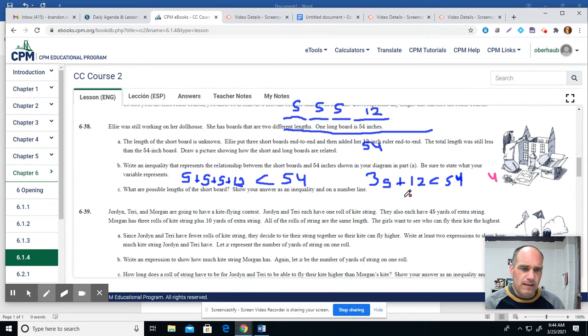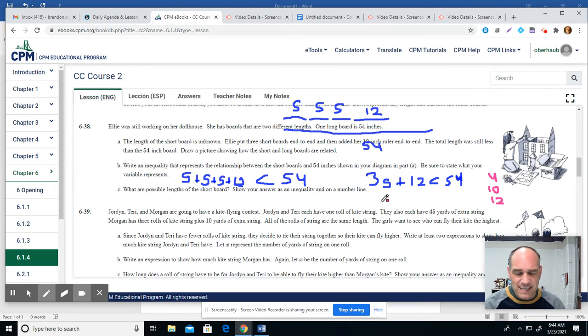I'd like to see what it is to get to 54. What if it's 10? If my short board is 10, 3 times 10 is 30, plus 12 is 42. So 42 is less than 54, so 10 works. What about 12? 3 times 12 is 12, 24, 36. 36 plus 12 is 48. So 12 works.